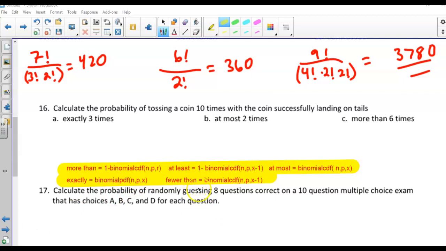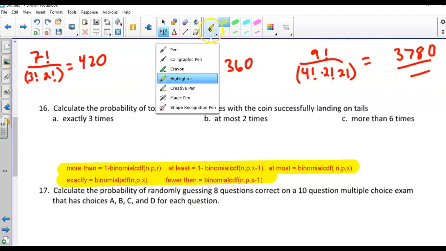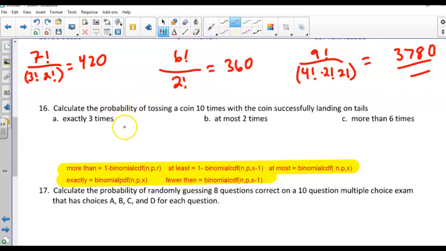Okay. So this first one right here says, what's the probability of tossing the coin 10 times with the coin successfully landing on tails exactly 3 times? So that's exactly 3 times. So that's going to be a binomial PDF. All right, you let the calculator work for you.